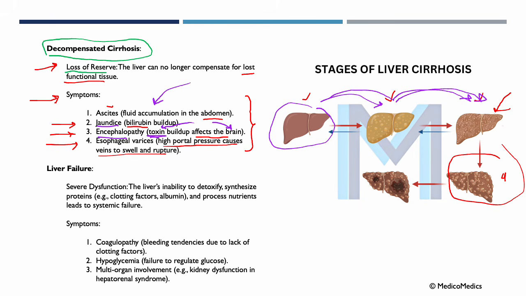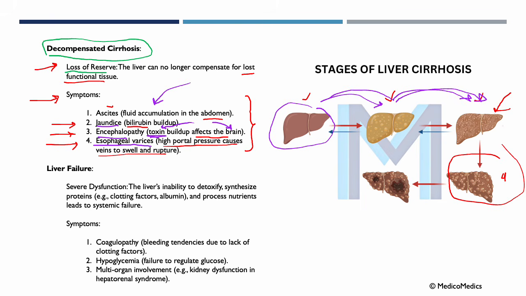And when that happens, that high portal pressure will cause the backflow pressure to increase, leading to the swelling and rupturing of our veins. And we will see this as esophageal varices.